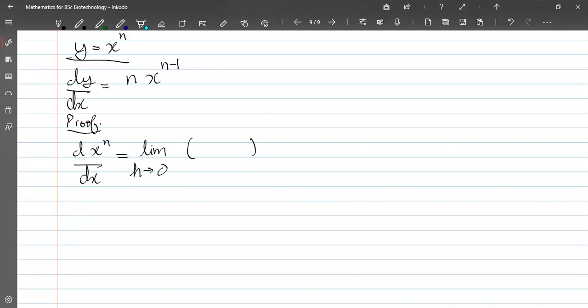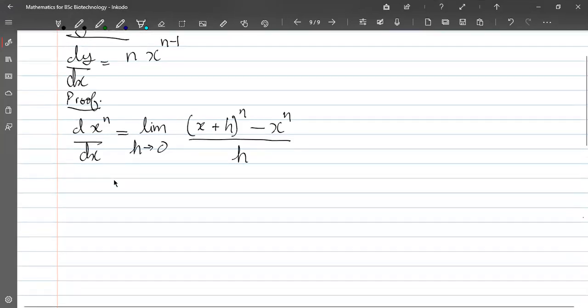X to the power n. So f of x plus h will be x plus h to the power of n minus again f of x, that is x to the power n, divided by h. So in the previous 4 examples we have done the same thing again and again with different values of n. So now we are merely doing it with a general value of n.